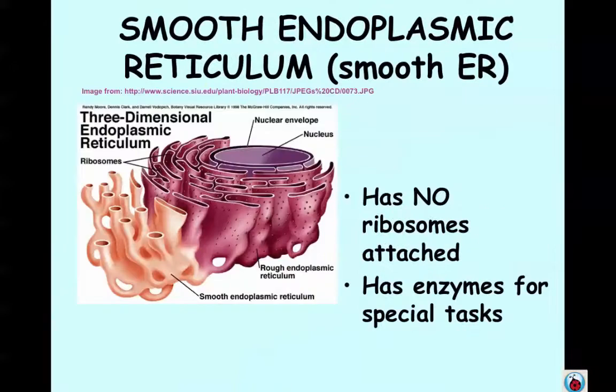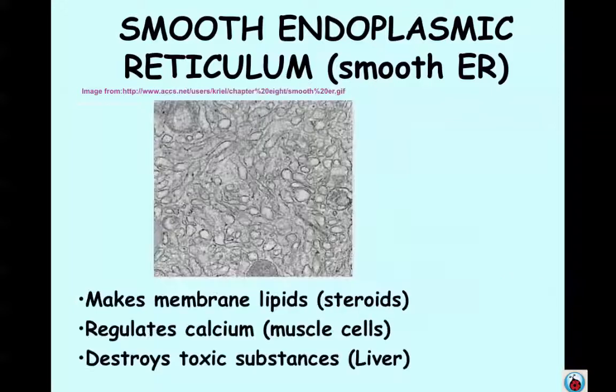The smooth ER is going to be a little bit different. The smooth ER won't have any ribosomes attached, and it has enzymes that perform special tasks. The big thing that the smooth ER does, it makes membrane lipids. When I think of lipids, you should obviously think of fats because we've talked about it. But what you can also think of, lipids are smooth. So the smooth ER functions in making lipids.